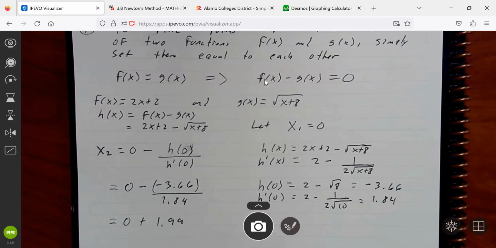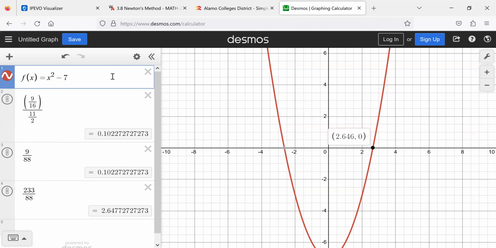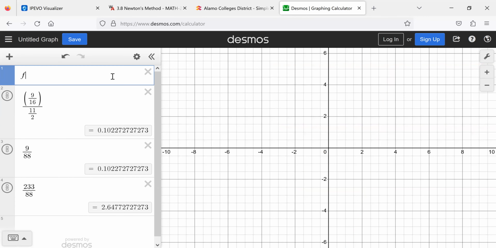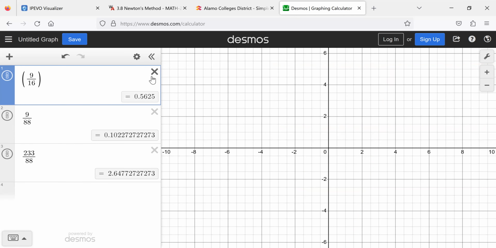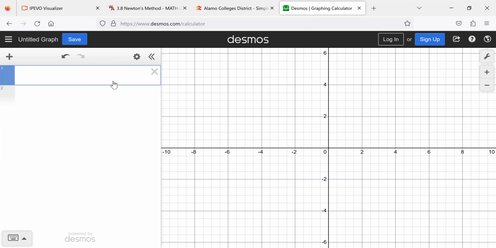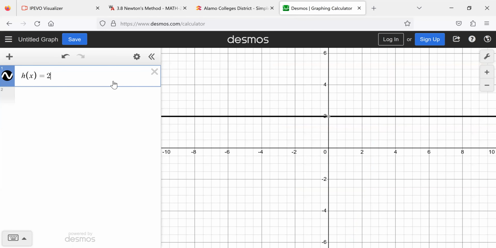Hopefully I am, well, actually I don't have the function set up. Let's go see what it is, just so we can tell if we're getting close or not, because this is kind of tedious.